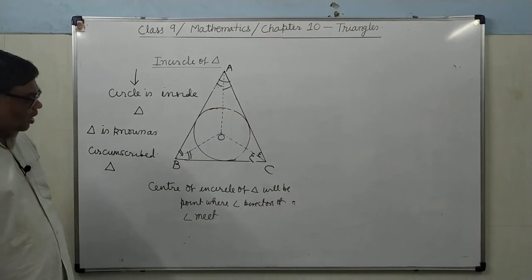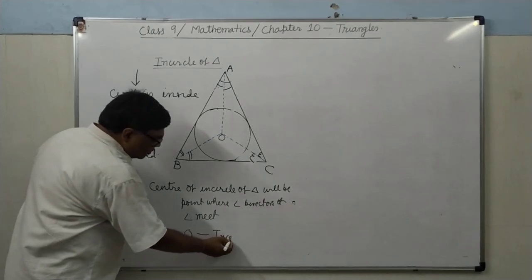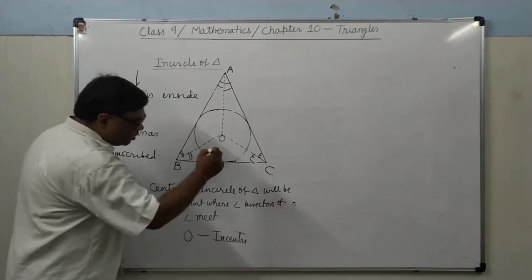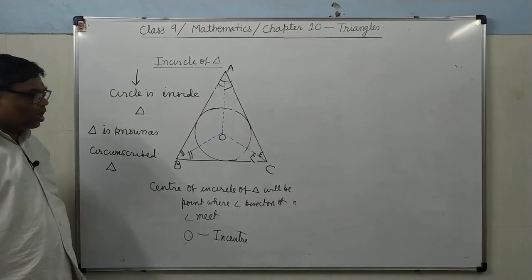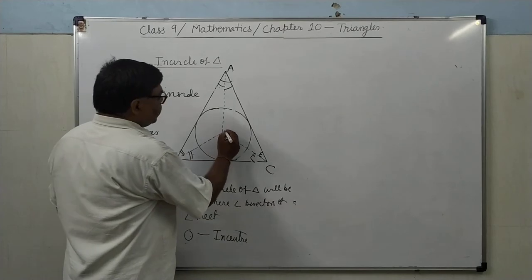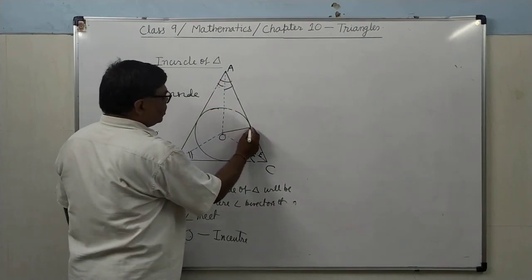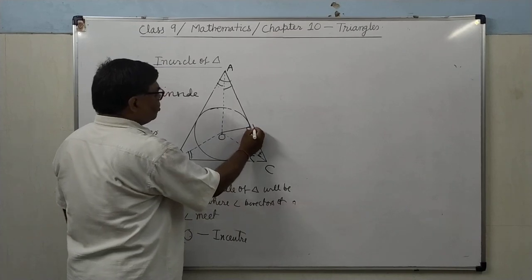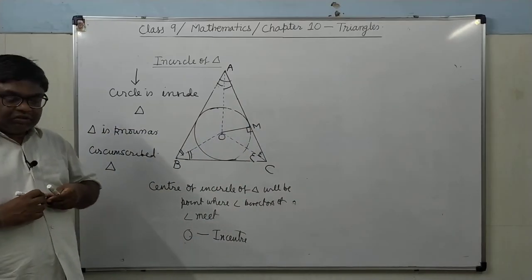This point O is known as the incenter. Is it clear? When you draw the perpendicular from O on any one side, that will be the radius. From O you draw a perpendicular to AC, so OM will be the radius.